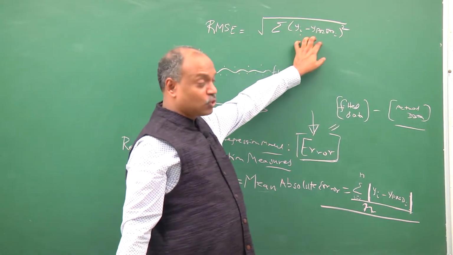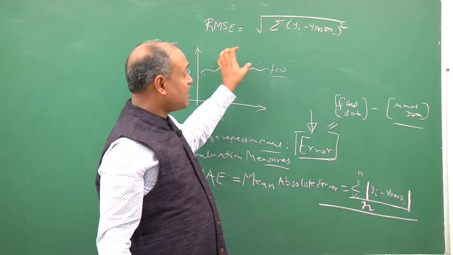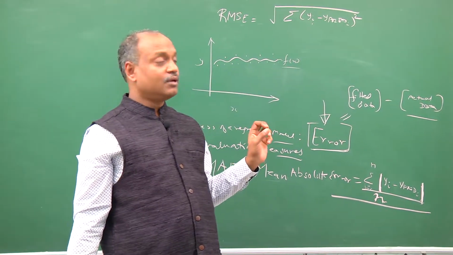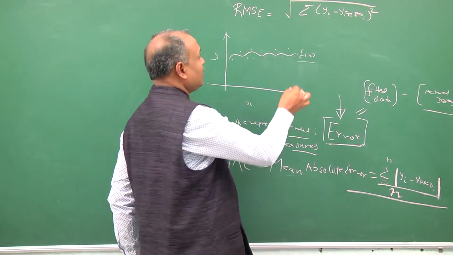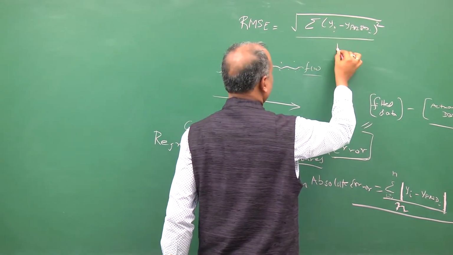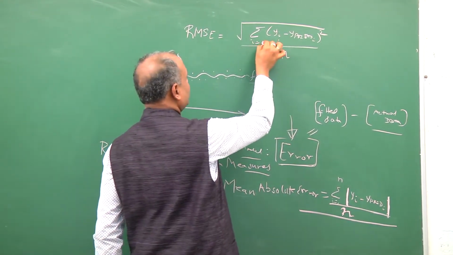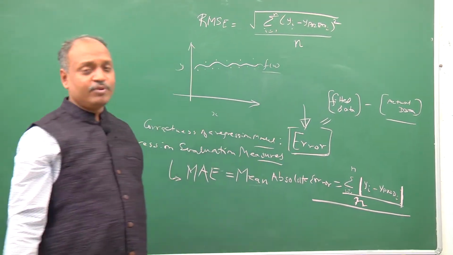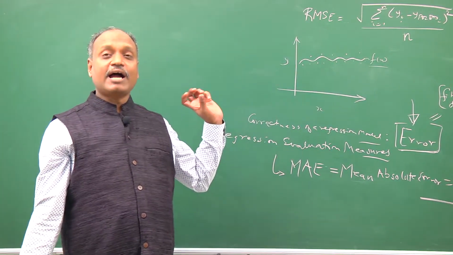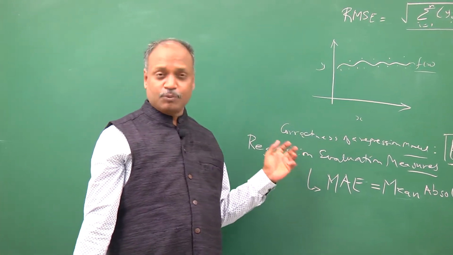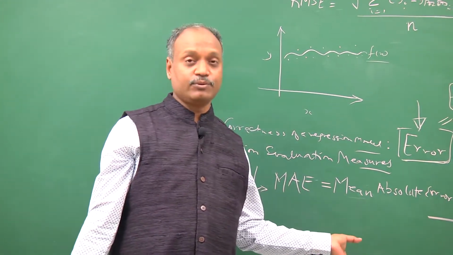The sum of the squares of the gap between y pred i and yi, summed over all samples, becomes what is called the sum of squared errors, and then you divide it by n, which becomes mean squared error. The advantage of mean squared error is that it is independent of the direction of the error, and it is supposedly a more moderate prescription of the error as compared to mean absolute error.